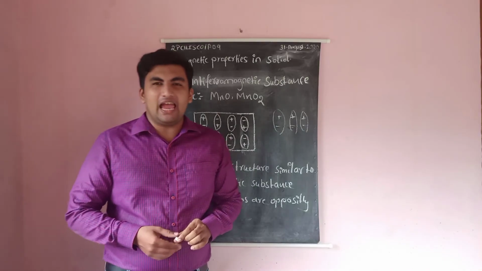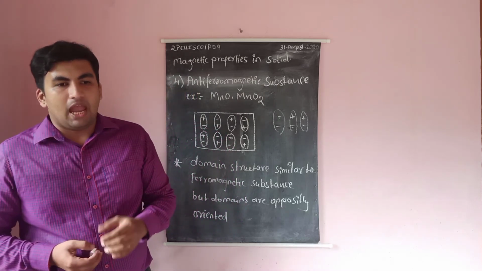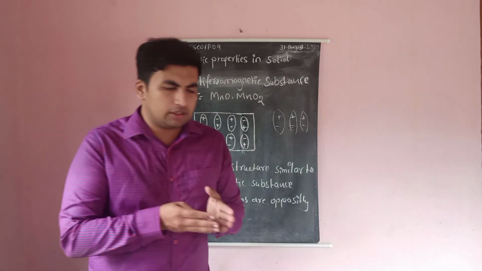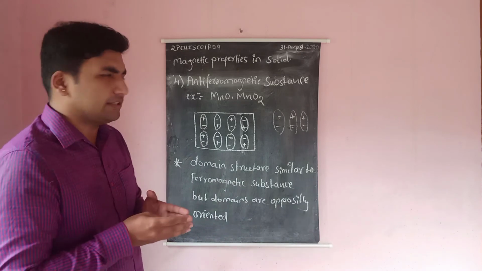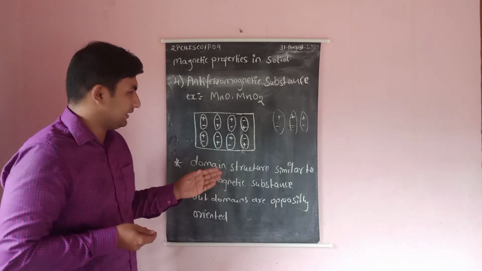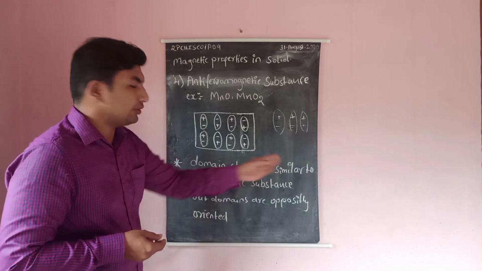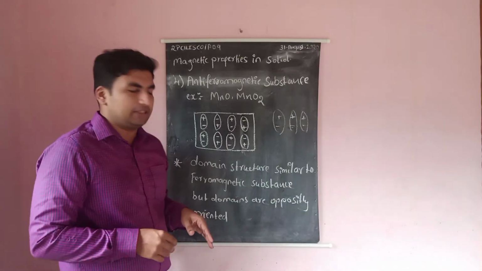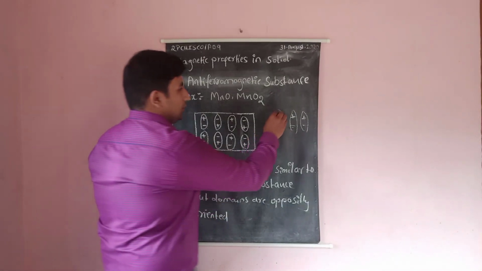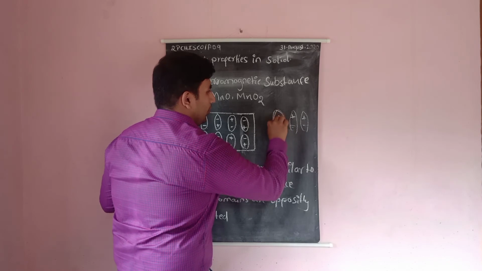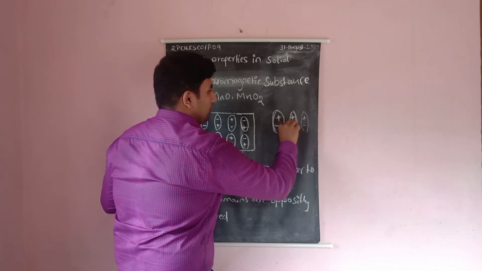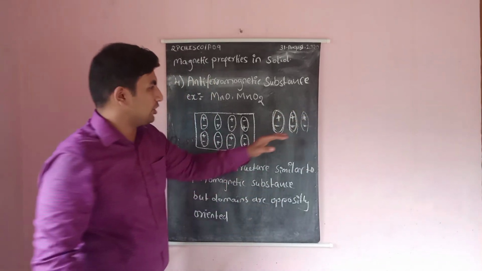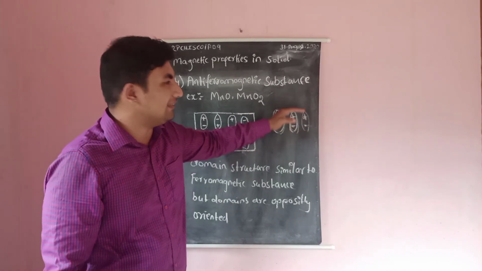The fourth one is anti-ferromagnetic substances. Anti-ferromagnetic substances are similar to ferromagnetic substances, but the only difference is in the orientation of the domains.